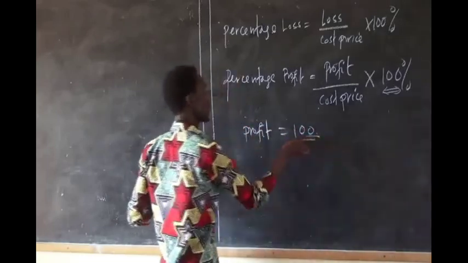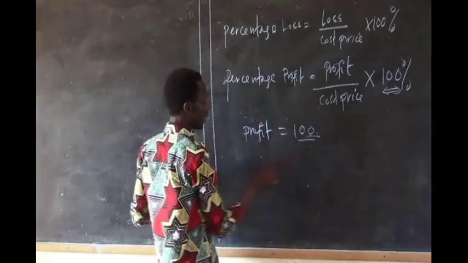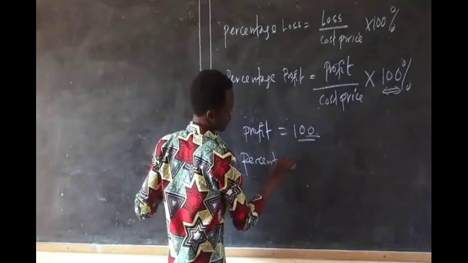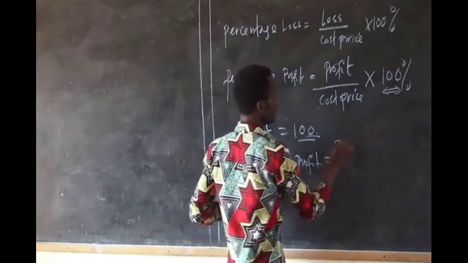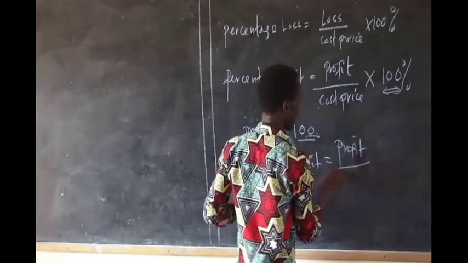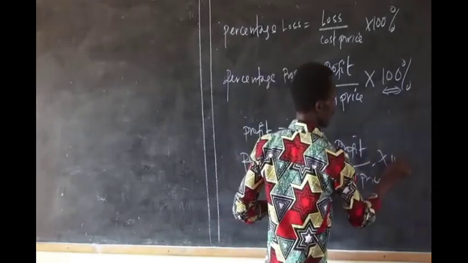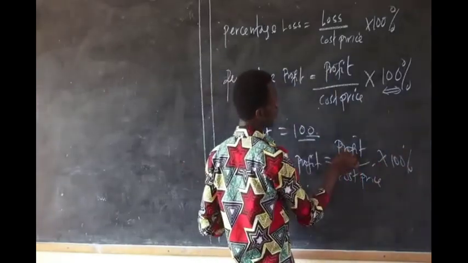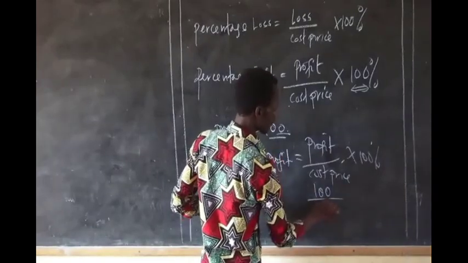If I want to express this in terms of percentage, I take this formula, percentage profit. Percentage profit is equal to profit over cost price times 100%. Remember profit is equal to 100 and the cost price was 500.